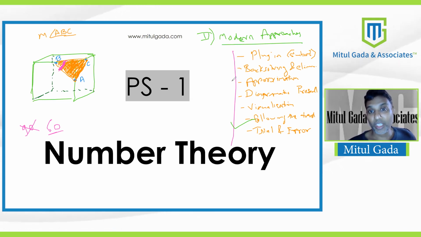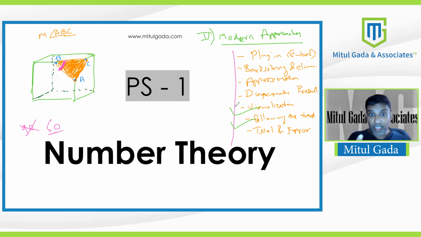This approach is called the approach of visualization. Everything is not shown directly in the form of a diagram, especially in a 3D figure. 2D is easy to draw, but in 3D, what do you do? And not only in solid geometry, in general, whenever I want to draw a diagram, I have to visualize things.